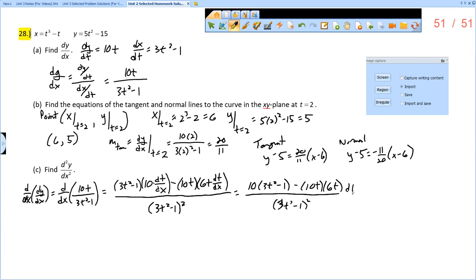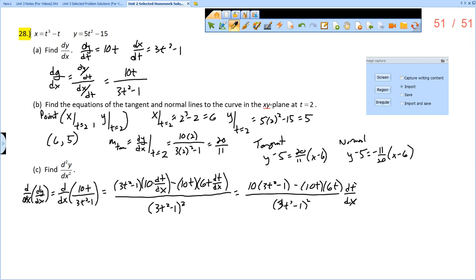Now I have a dt/dx multiplied here, but what is dt/dx? It is the reciprocal of dx/dt. So dt/dx would be 1 over 3t squared minus 1.